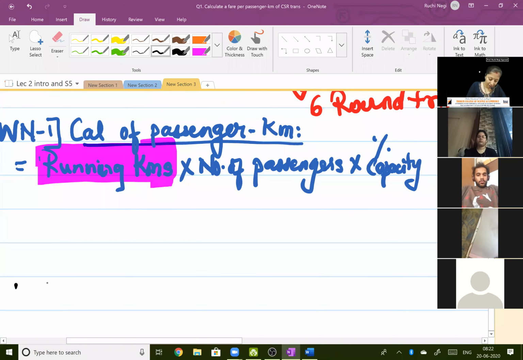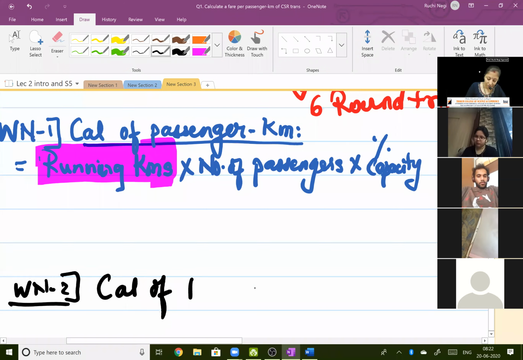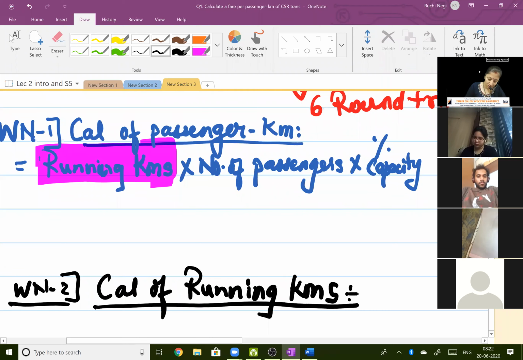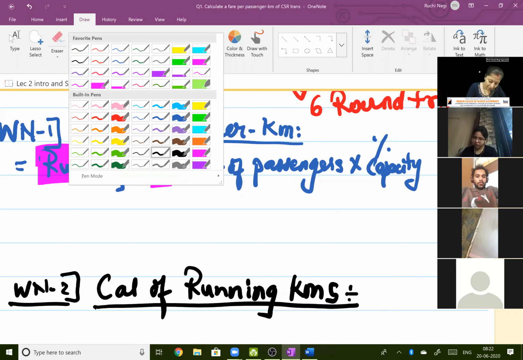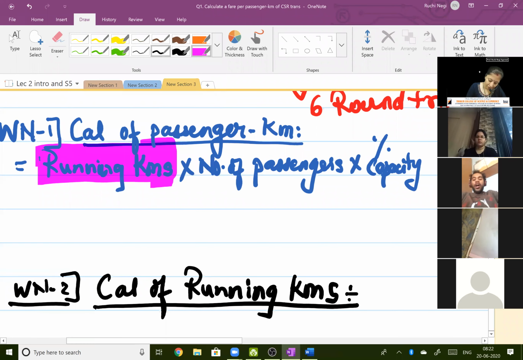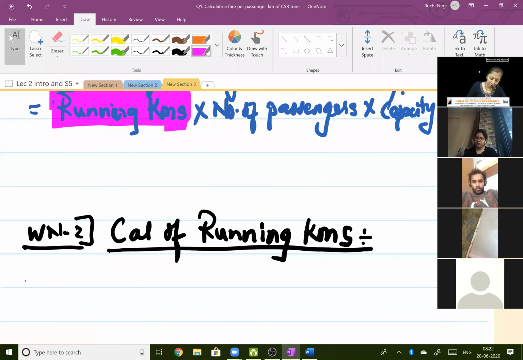Working note number 2. Calculation of running kilometers. Write down the formula. What is the formula for calculating running kilometers?